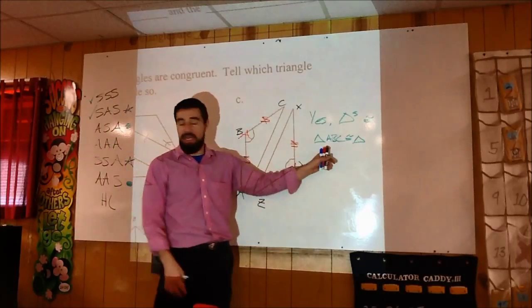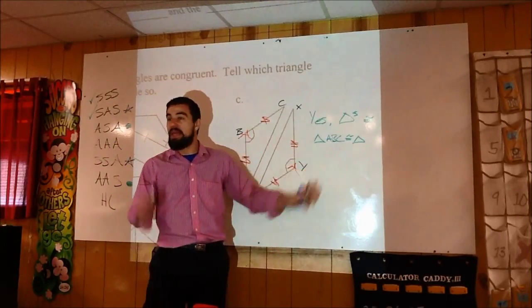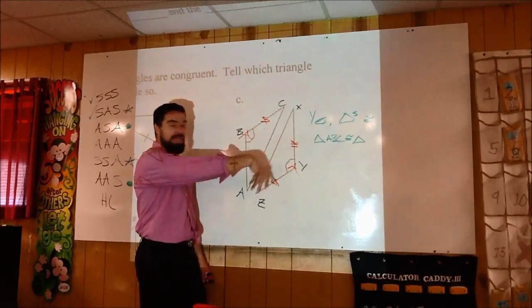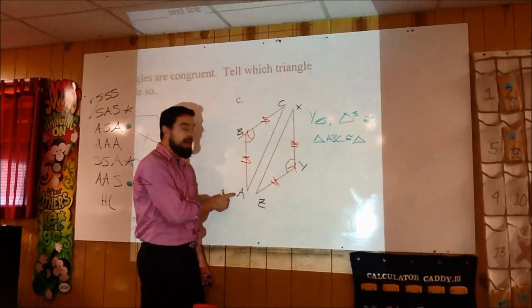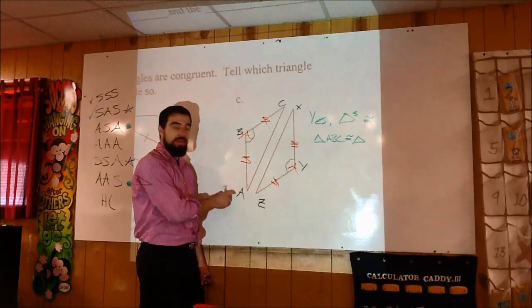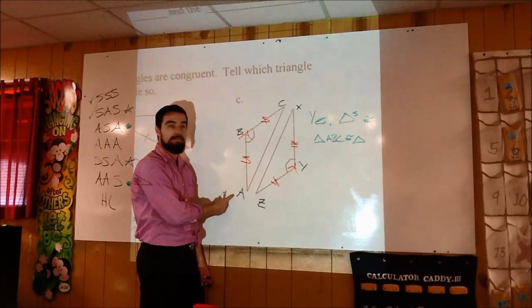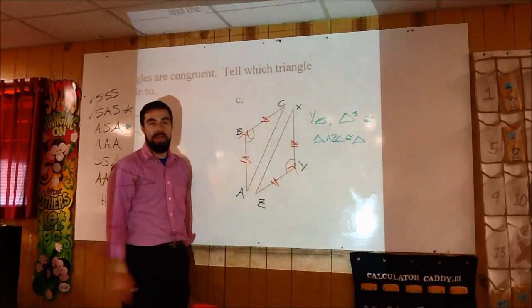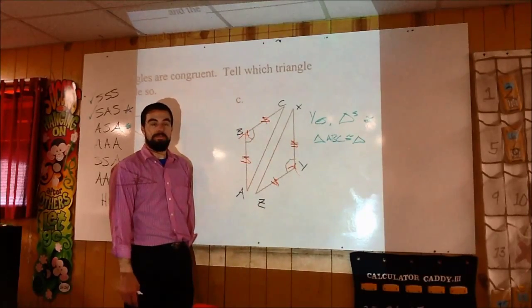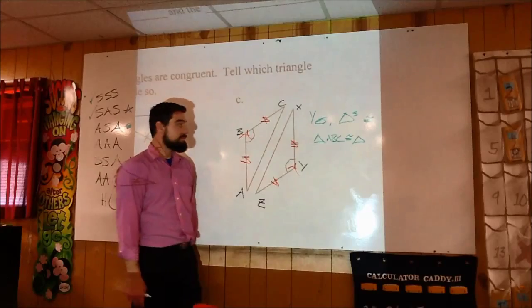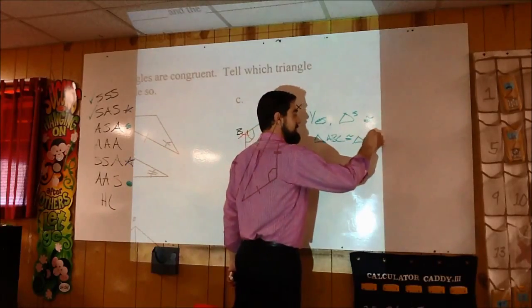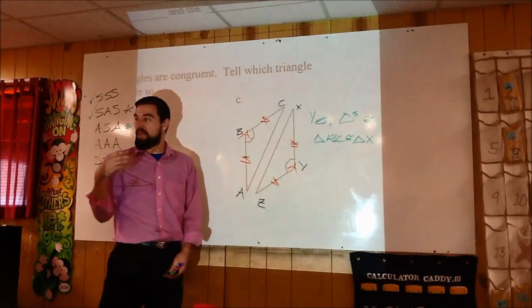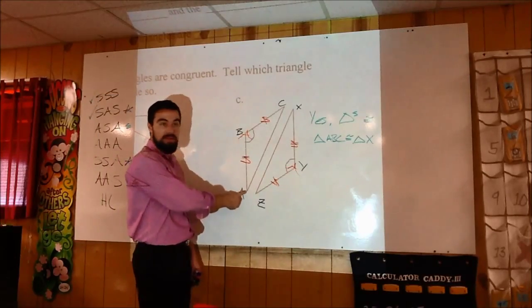If you choose to name the first triangle ABC, letter order matters. Which vertex in this other triangle corresponds with vertex A? How do I know which letter to put first in this other triangle's name? It has to be X. Look at the sides that are creating this angle.